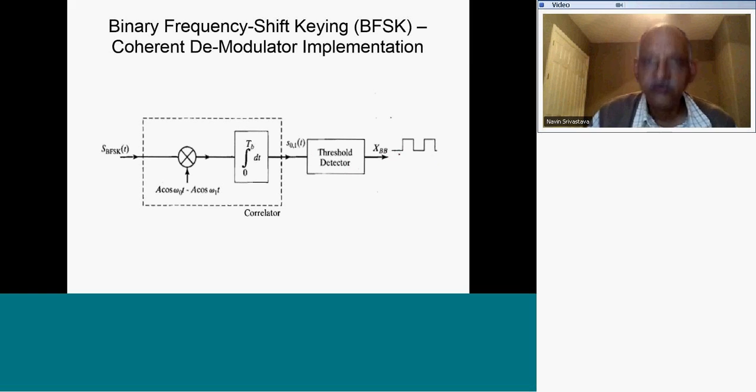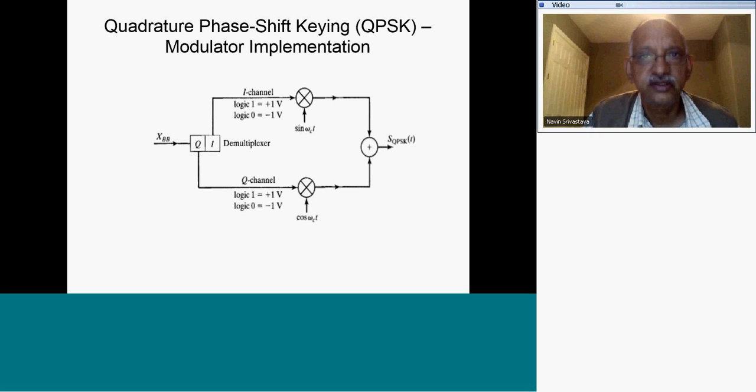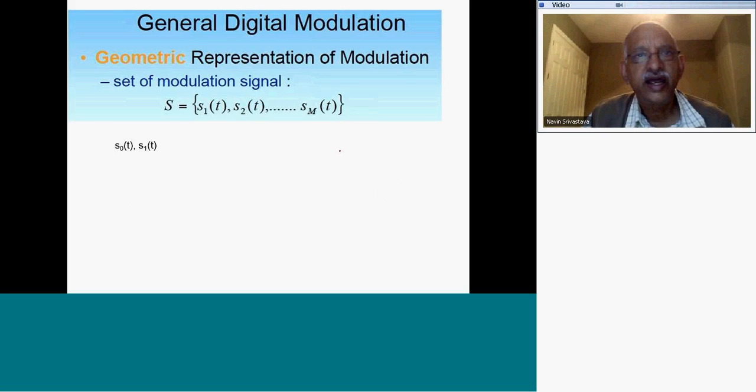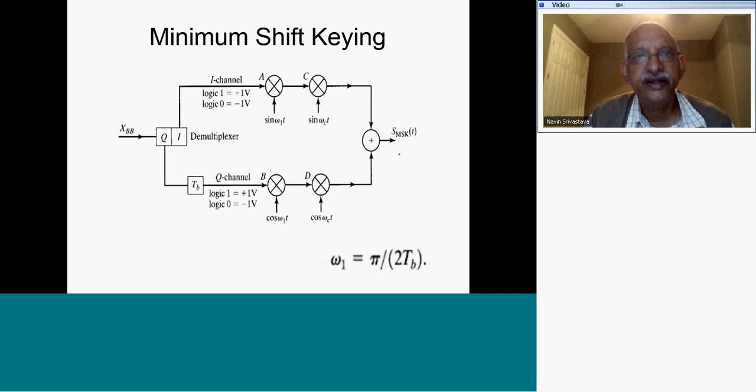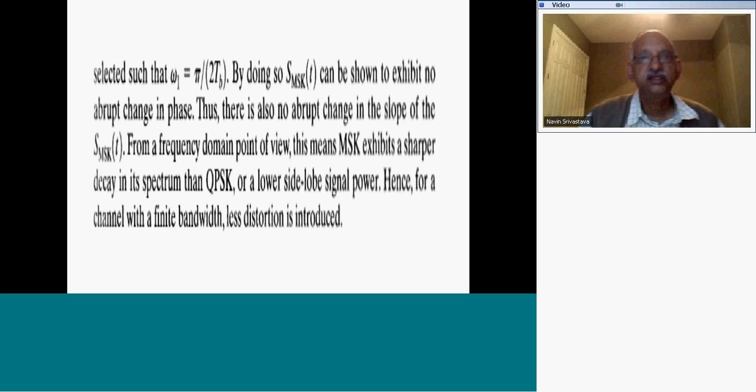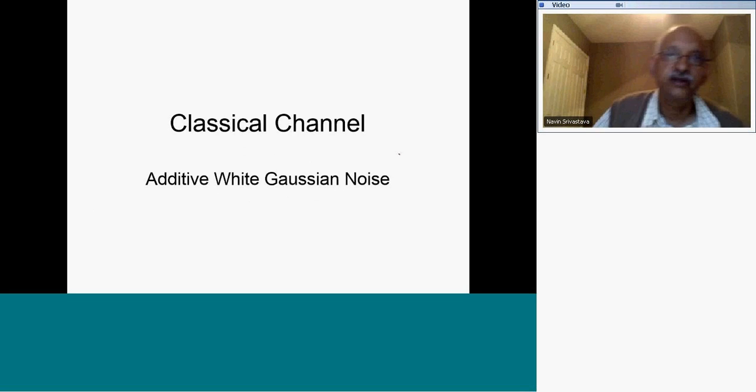And similarly you have QPSK, then the QPSK demodulator, then offset QPSK, and the minimum shift keying. And in minimum shift keying, the variation of the standard is called GMSK, that is Gaussian minimum shift keying. So these are the various modulation schemes.